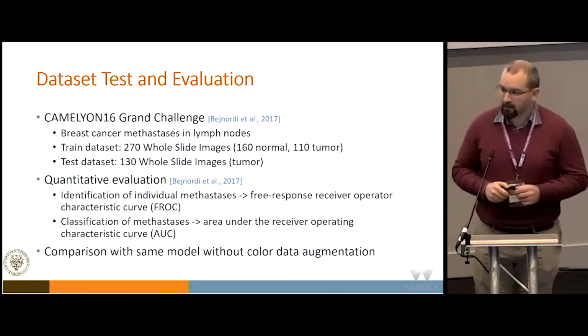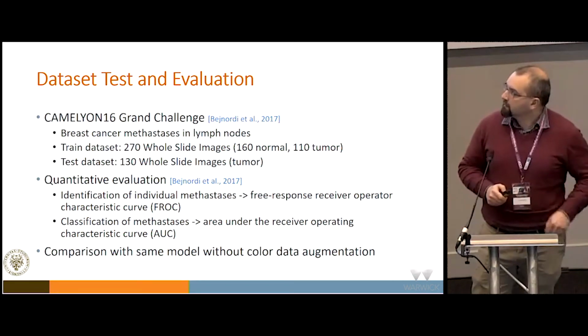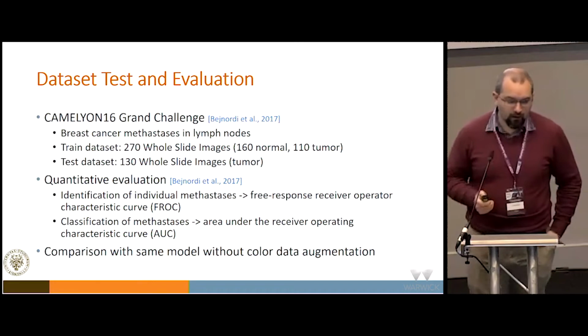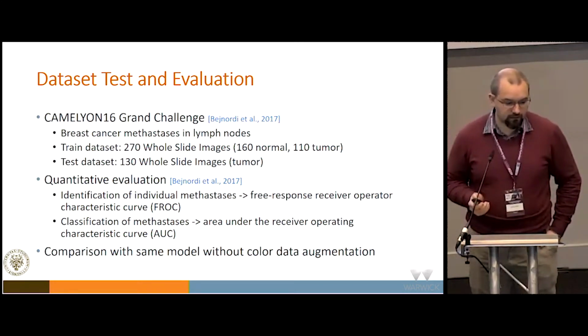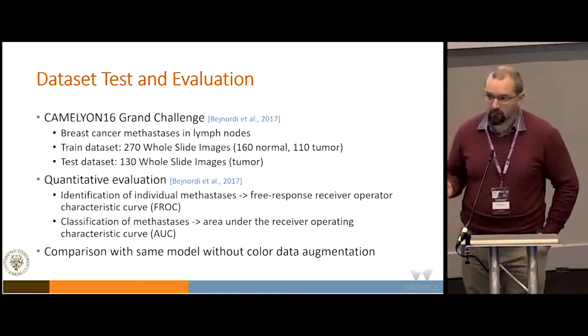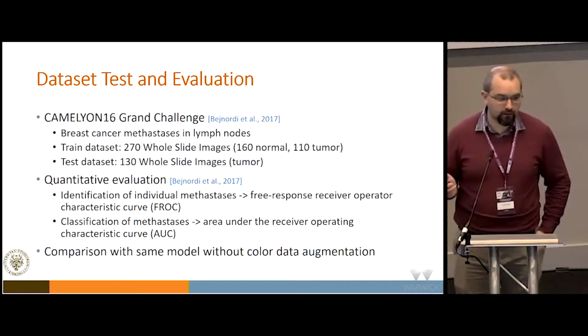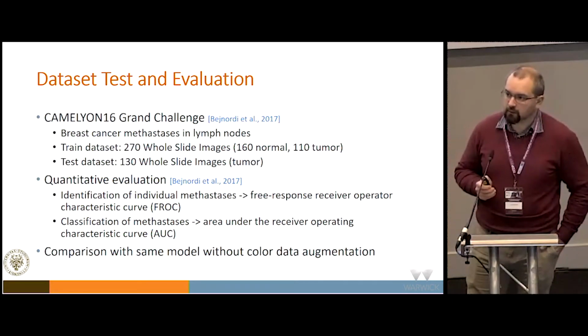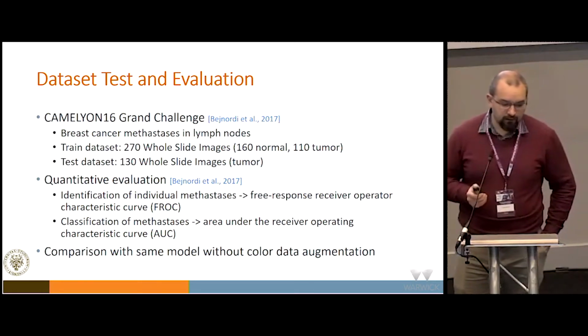The dataset where we applied our method was taken from the Camelyon16 challenge, which gives over 270 whole slide images, both tumor and normal, for training, and 130 whole slide images for testing.